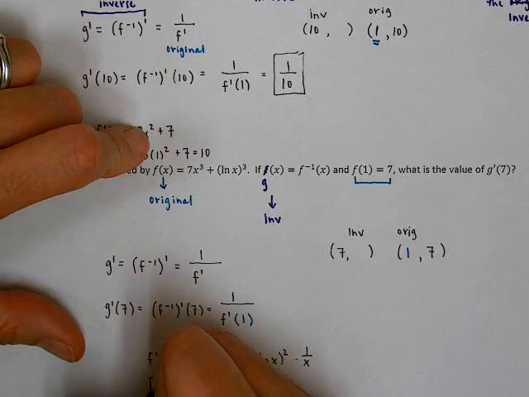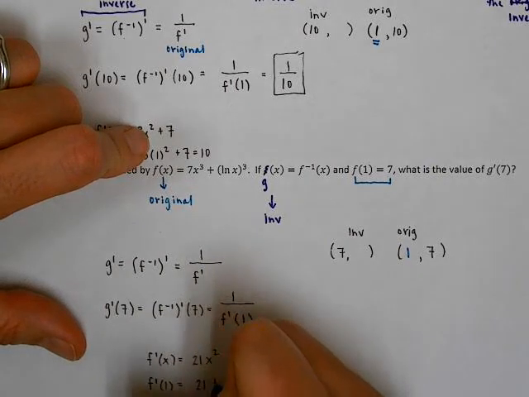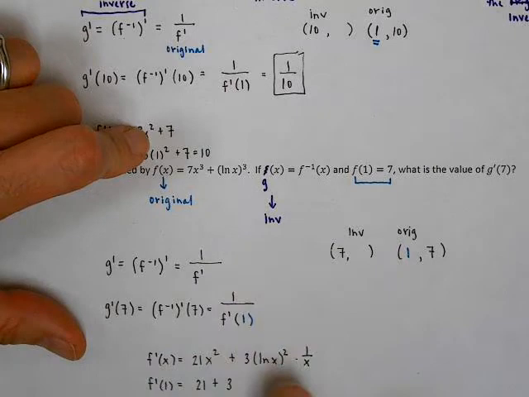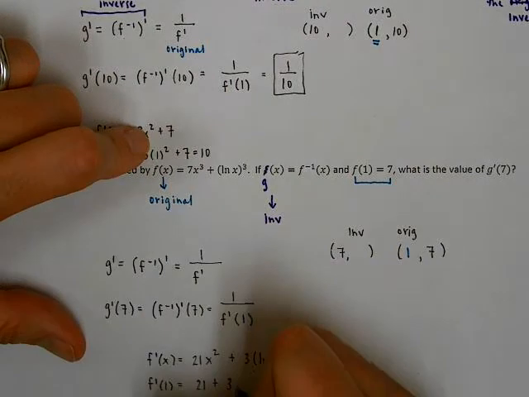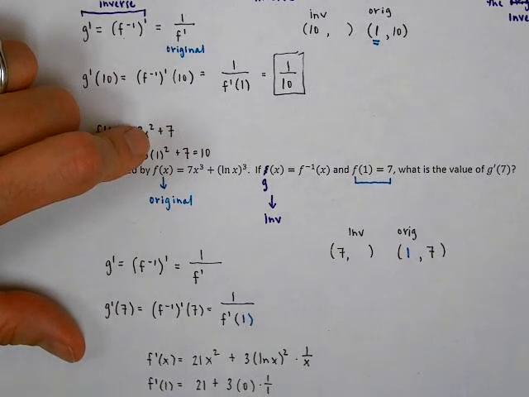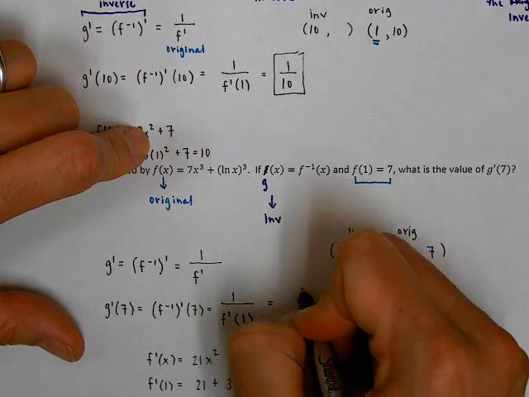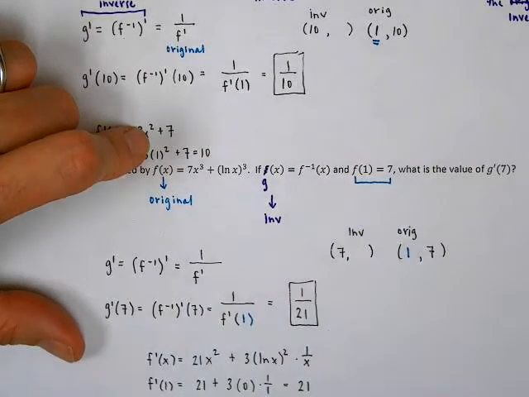So when we evaluate this, f prime of 1 is going to be 21 plus 3 times the natural log of 1, which is just going to be 0, and times 1 over 1, which doesn't even matter. This is going to turn into 0. So f prime of 1 is 21. So I go back up here, and my derivative is 1 over 21.